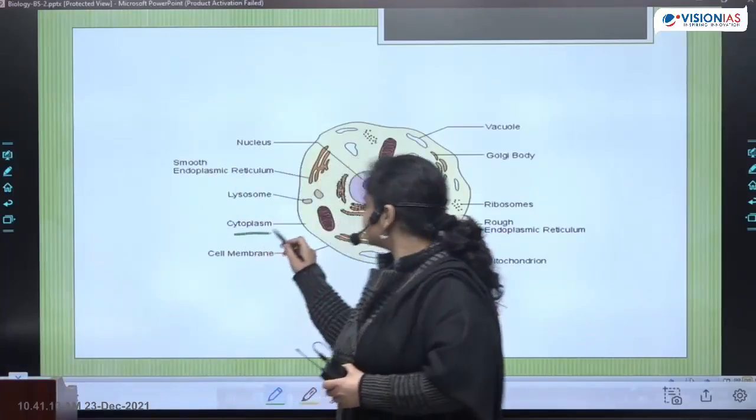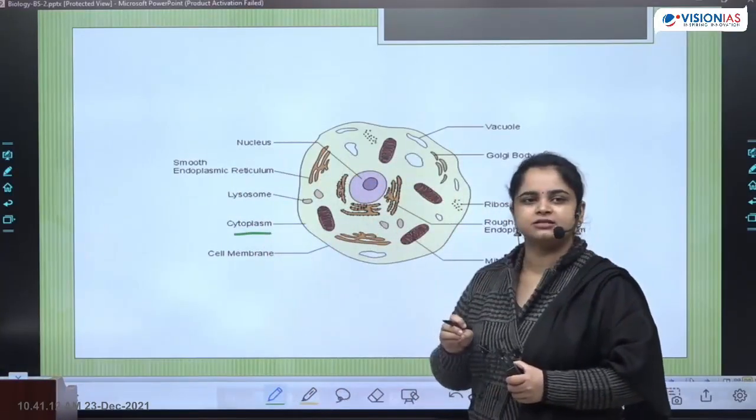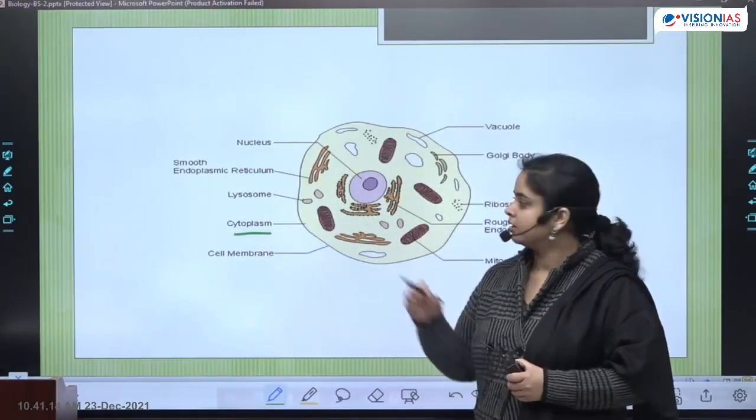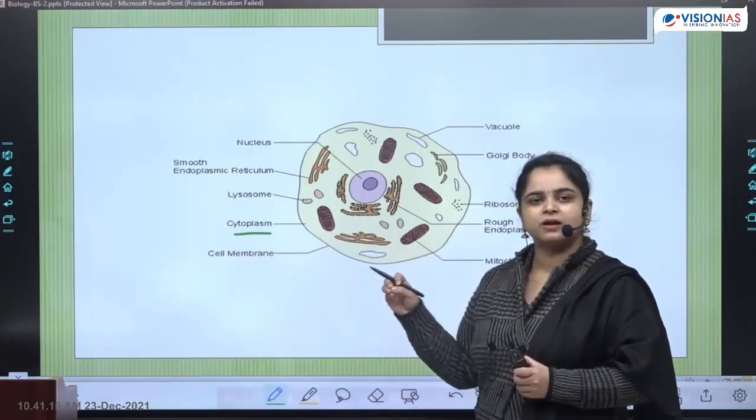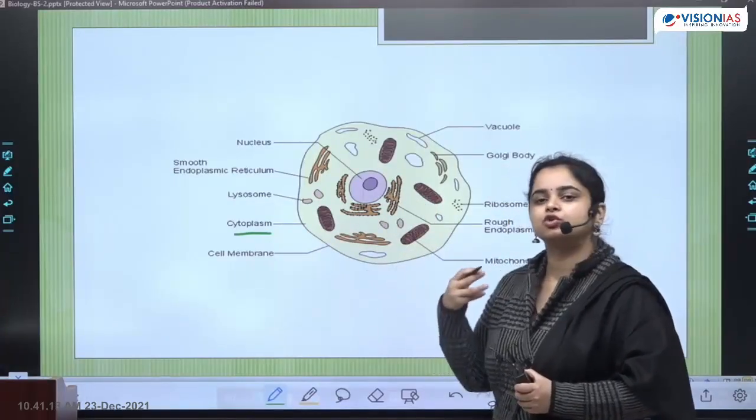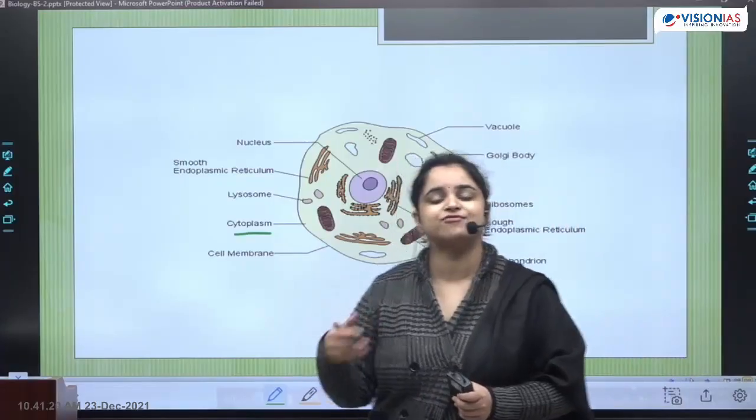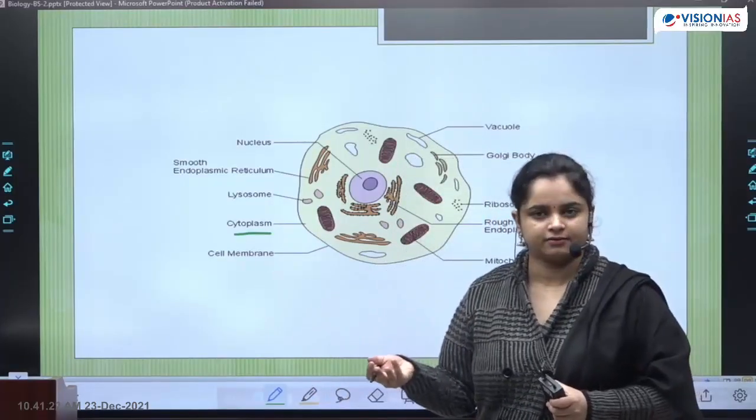So the cytoplasm will contain all the other cell organelles. Nucleus and cytoplasm, these are the two things where we say life is actually there.